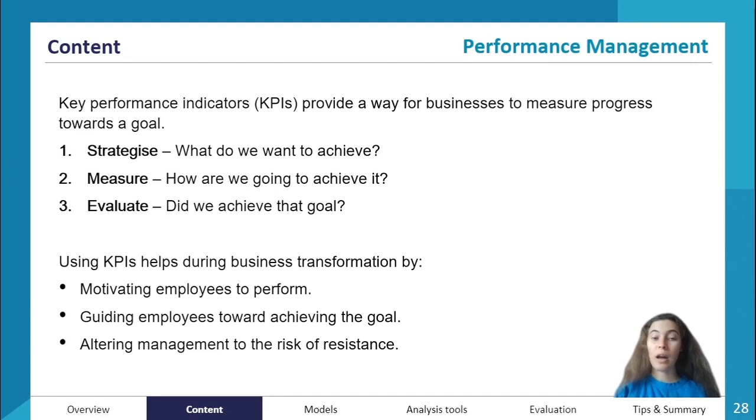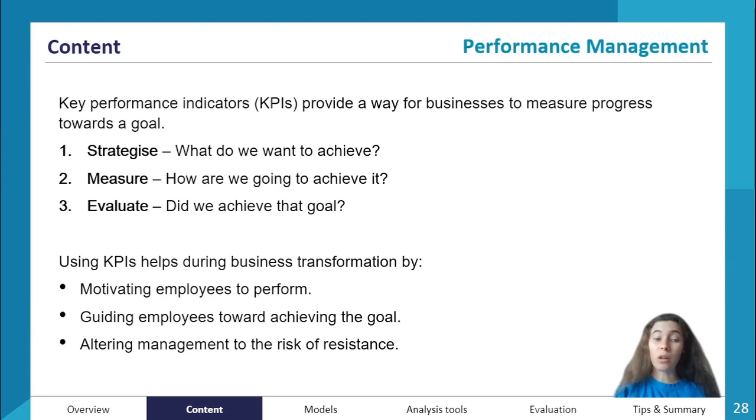So using KPIs during business transformation can be really helpful for a lot of different reasons. So it can motivate employees to perform. You've got a key performance indicator that they are trying to work towards meeting. It can also just guide employees towards achieving the goal. So, not only about motivation, but also just giving employees a direction. They know what the broader organization is hoping for, and they can work towards that.